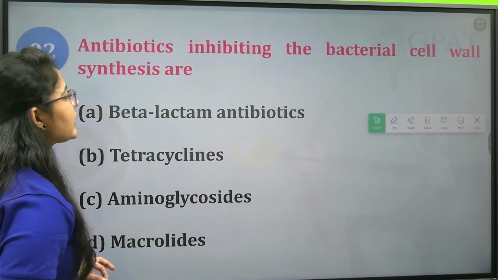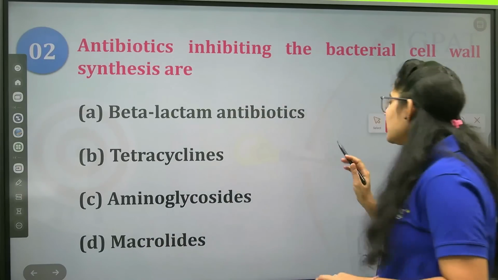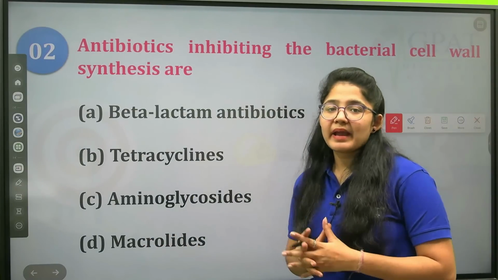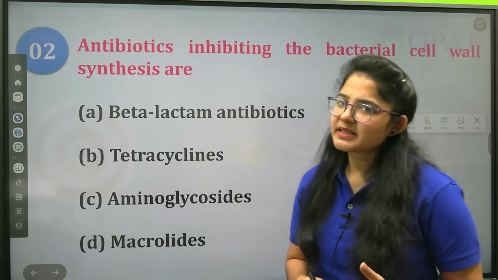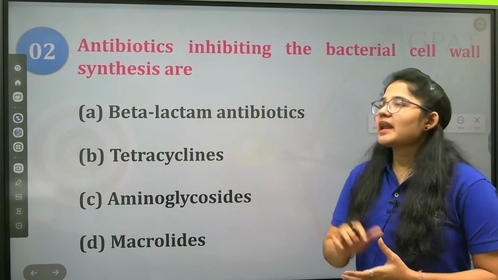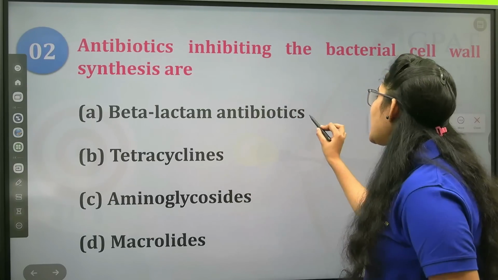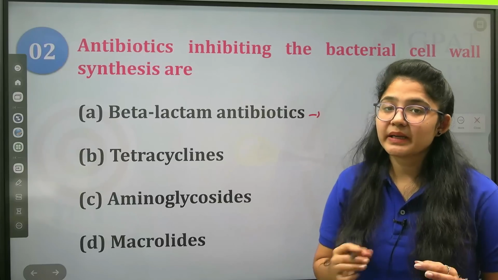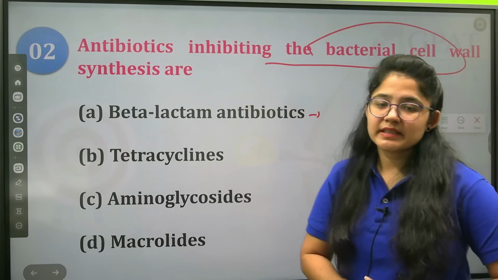Antibiotics inhibiting the bacterial cell wall synthesis are. Okay. As you know, among the antibiotic drugs there are many types: macrolides, tetracycline, aminoglycosides and beta-lactam antibiotics. The mechanism of action of beta-lactam is that it inhibits the bacterial cell wall synthesis.